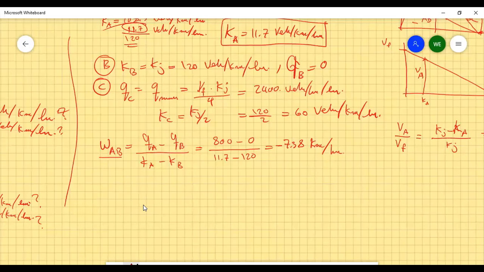Right? That means that's the intersection. When it turns red, first car arrives, second car, third car, fourth car. So there is a state of stopping cars progressing backward. The speed of this progression is minus 7.38. Clear?